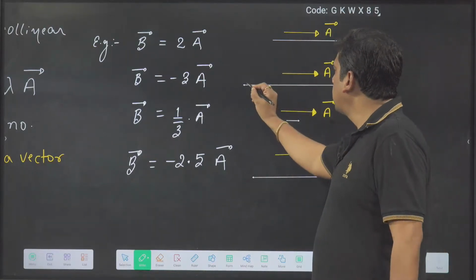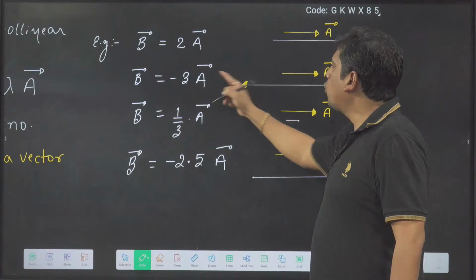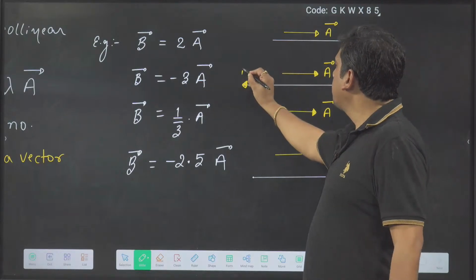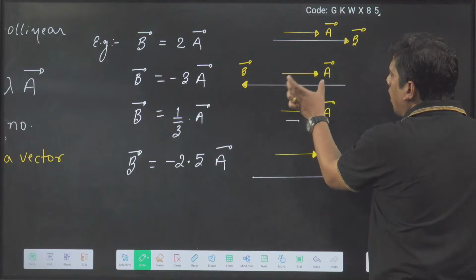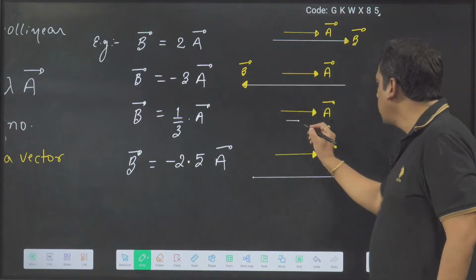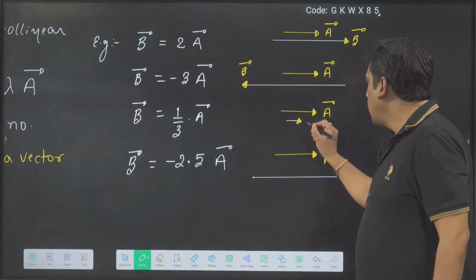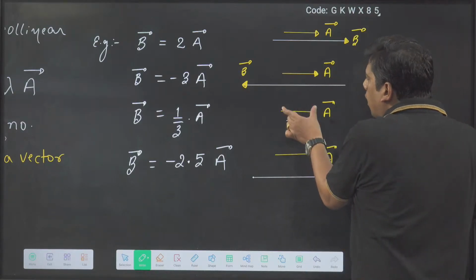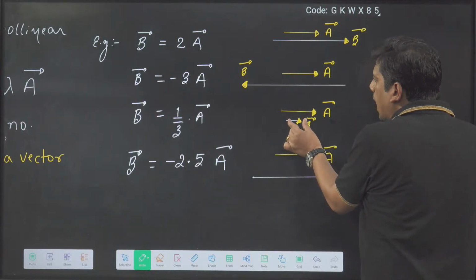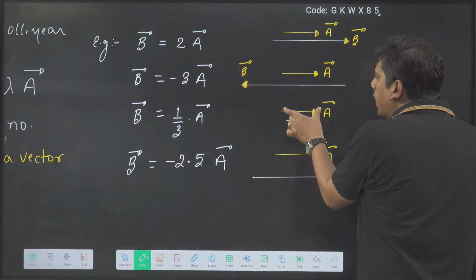Second case, due to minus sign, it is anti-parallel. And I'm just assuming that this length is triple of this length. Then here b vector is parallel, but the length will be 1 by 3rd of this length. The length of b vector arrow is 1 by 3rd of the length of a vector arrow.